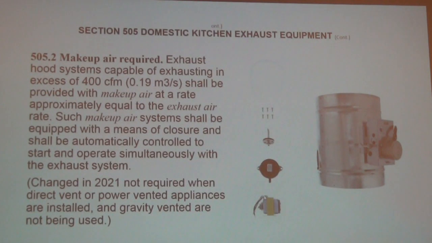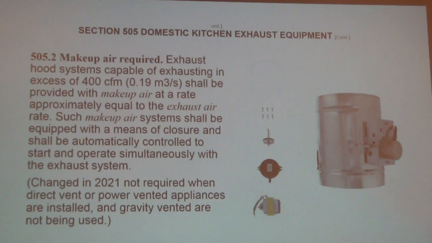Domestic kitchen exhaust equipment. There's going to be a change in the 2018 or 21 code, if and when we ever adopt it. In the 21 code, it states that if there are no natural draft appliances in the dwelling unit, then this is no longer required, that you can bring in all the exhaust in that 400 CFM.